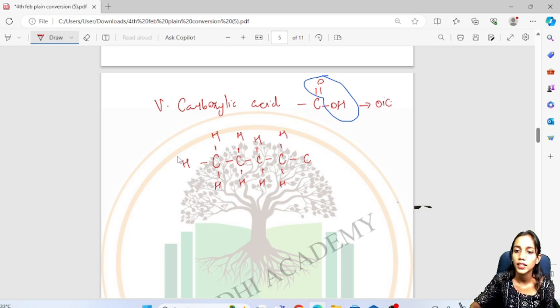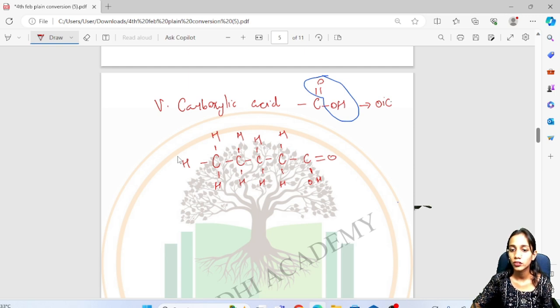For this carbon, I will add the functional group directly. Now you can see that I have added the functional group, and let's see the valency: 1, 2, 3, 4. It is satisfied, so no need to add hydrogen over here. Now the naming is, you have to add the suffix OIC the same way.